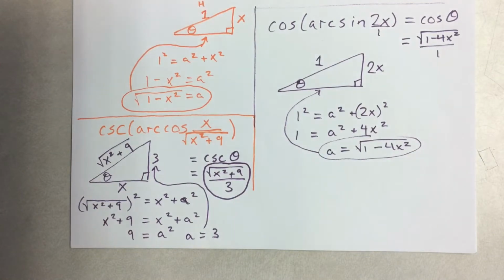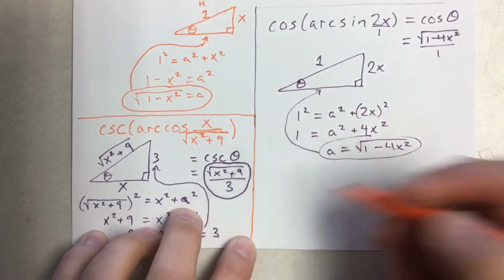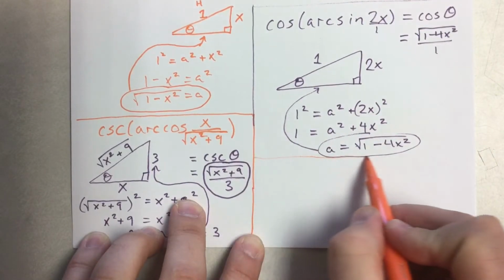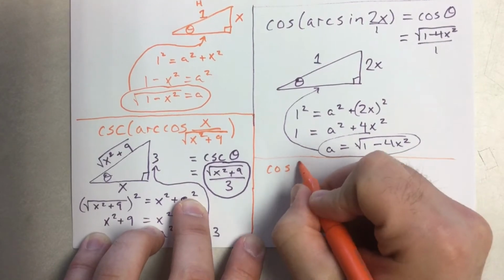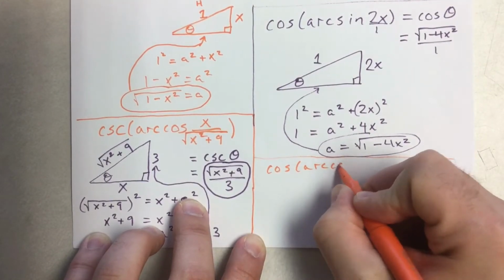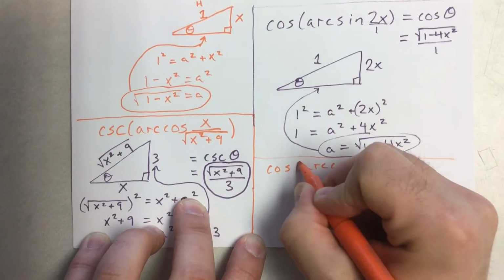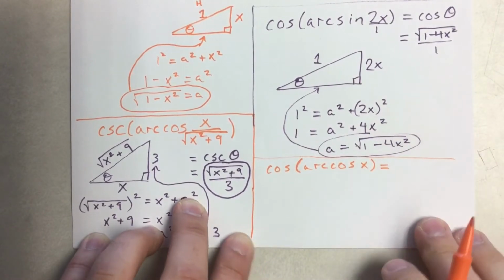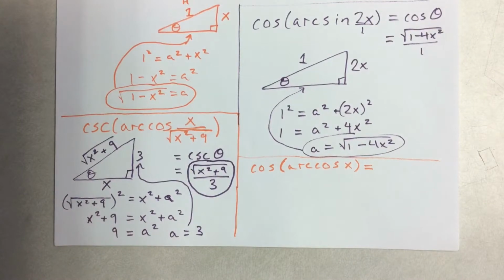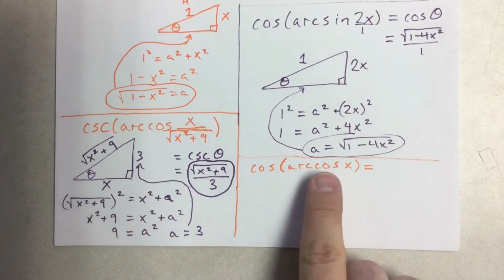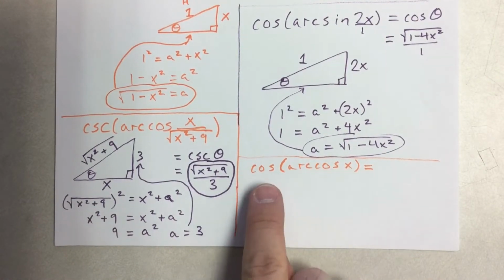Ending the video, I just would like to talk about something much simpler. What if I had the cosine of arc cosine of x? So this goes back to understanding inverse functions. So I placed a function into its inverse.